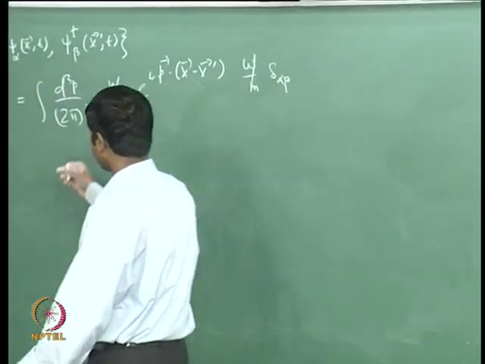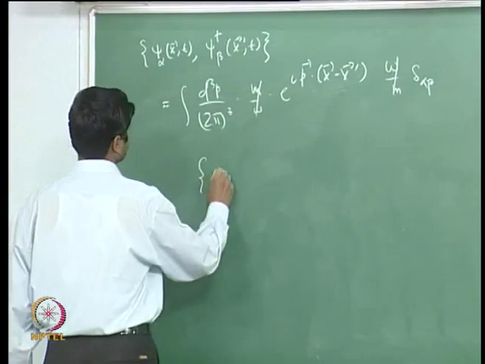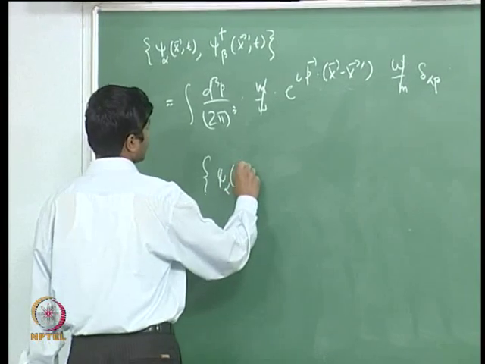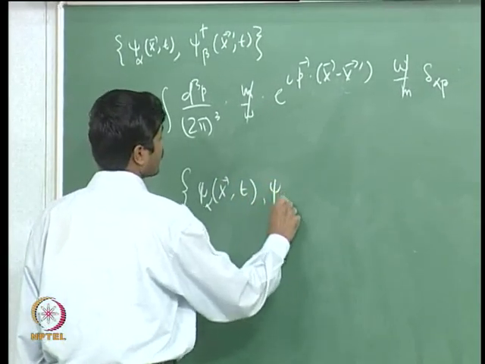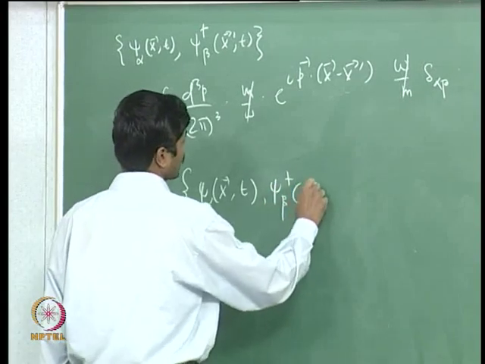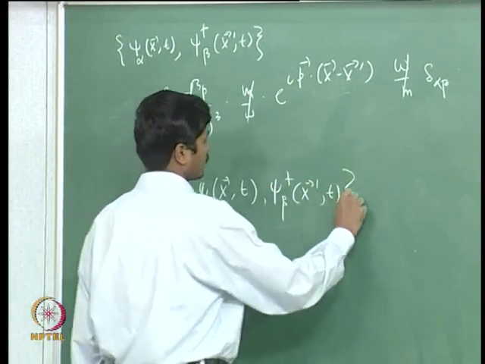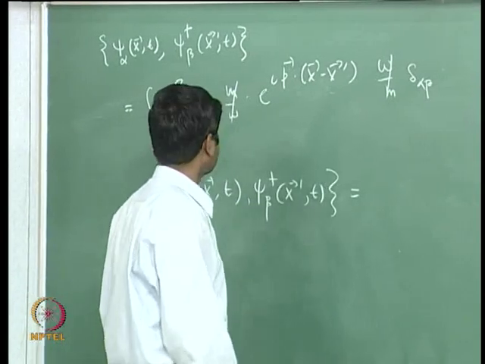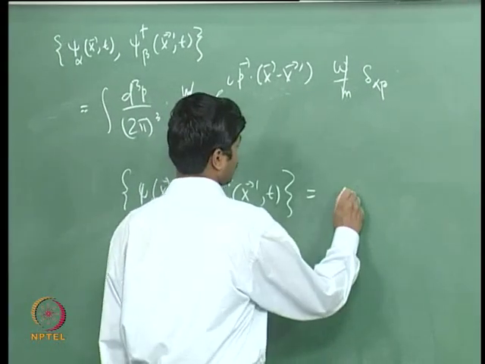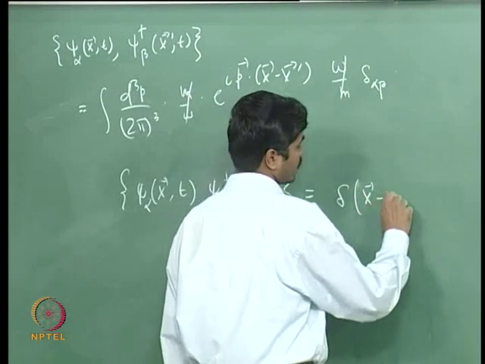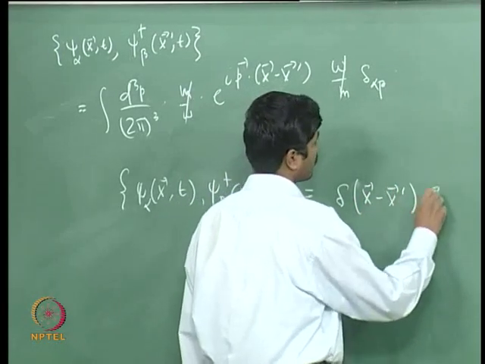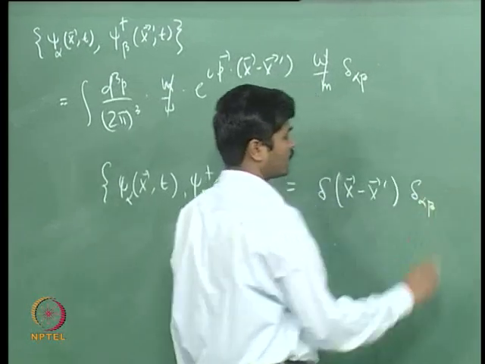When I do that what we get is psi alpha of (x, t), the equal time anti-commutation relations, psi beta dagger of (x prime, t) is nothing but delta of (x minus x prime) delta alpha beta.